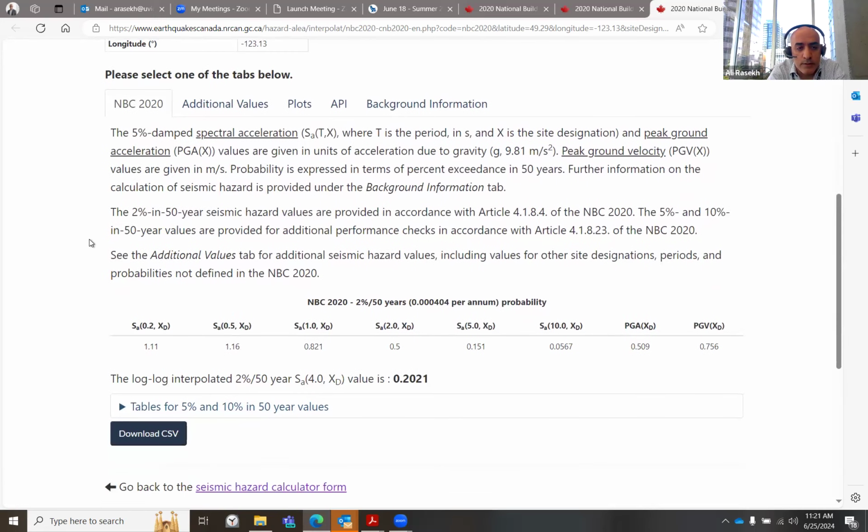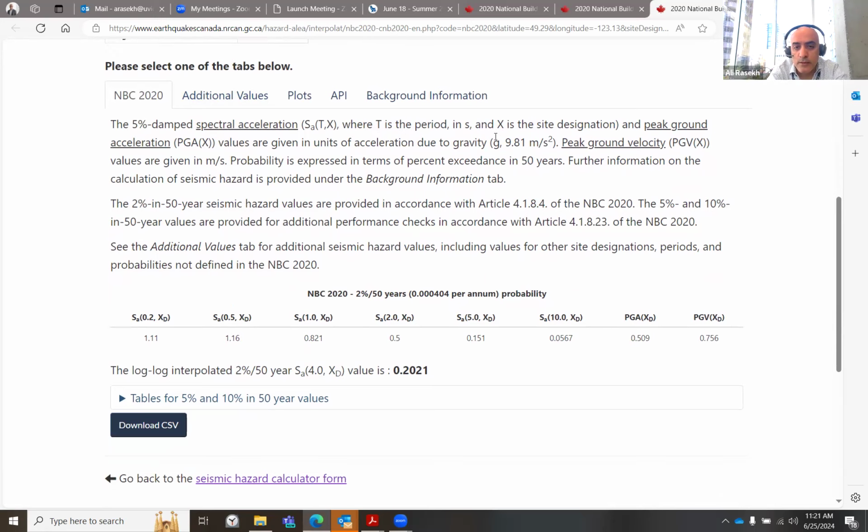So NBCC 2020, 5% damped, re-emphasized. The values they produce are for 5% damped spectral acceleration for different T's, where T is the period, and X is the designation.